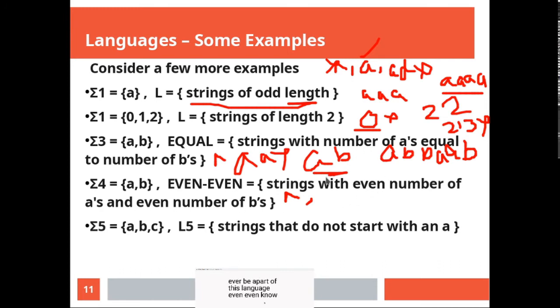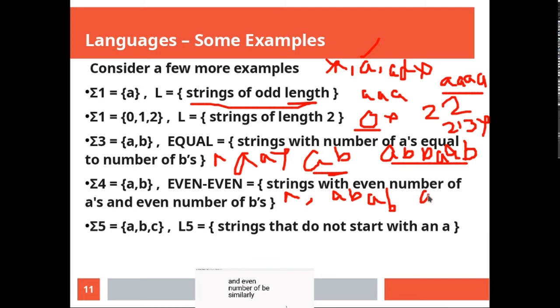No, because we want an even number of A's and an even number of B's. What about this word A, B, B, A, A, B? There are 3 A's and 3 B's, but they are not even. So, no. But if I say A, B, A, B, this is a part of this language. Why? Because you have an even number of A's and an even number of B's.